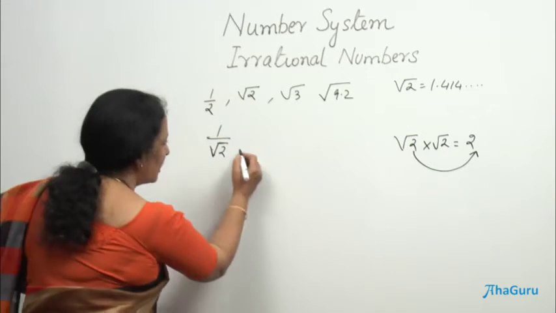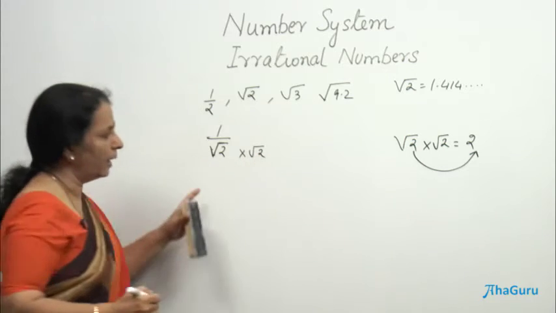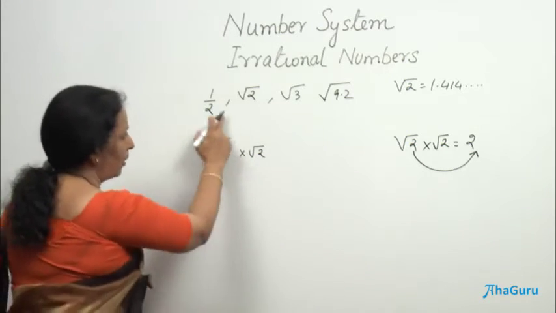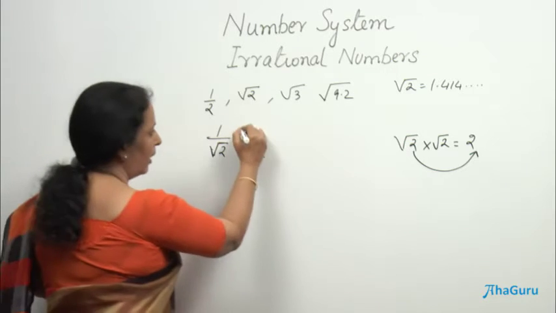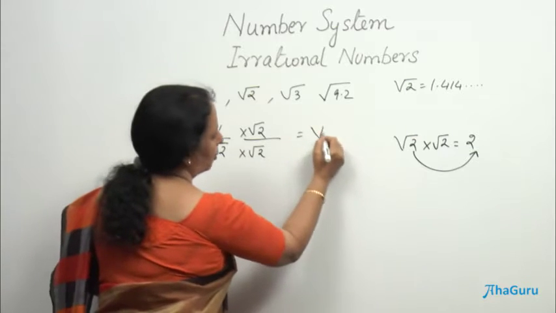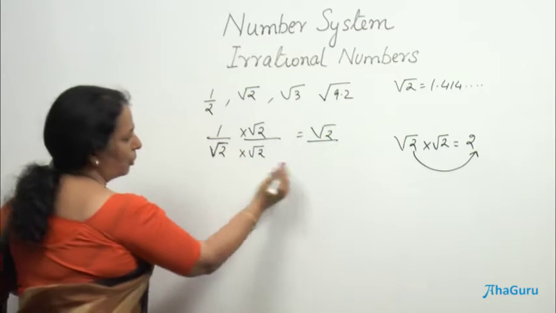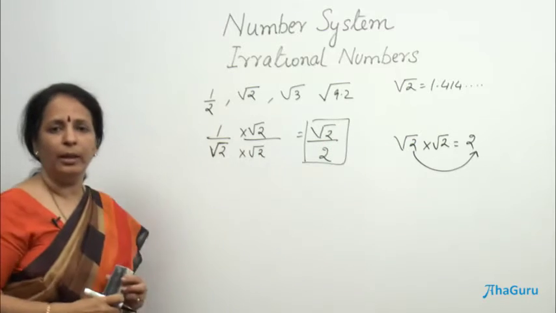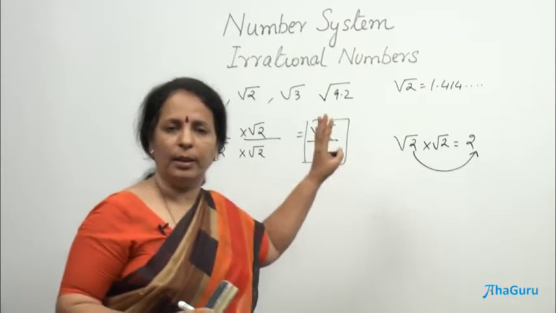So, I can multiply by root 2, but I just cannot go about multiplying only the denominator. In order to keep the value of the fraction the same, I have to do it for the numerator also. So, what do I get? Root 2 by denominator, root 2 into root 2 is 2. Now, this is a number which can be plotted on the number line.